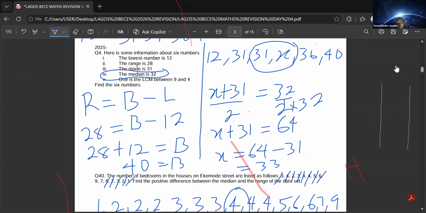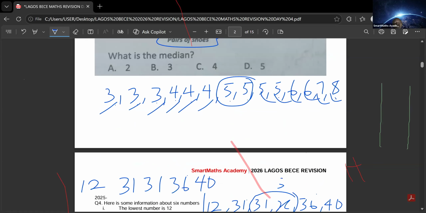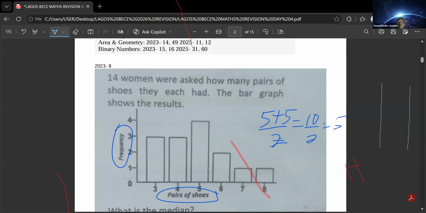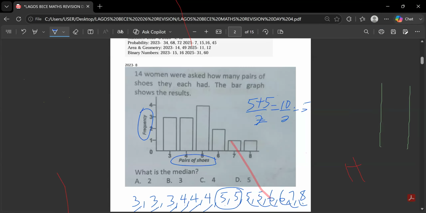Okay, let me scroll up. This is the first question. About the second question, yes. What's your question? Ask your question.